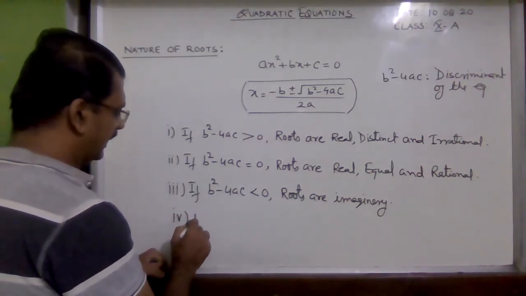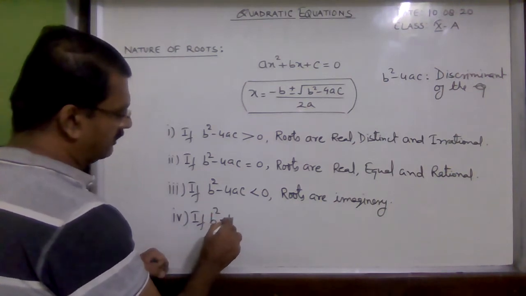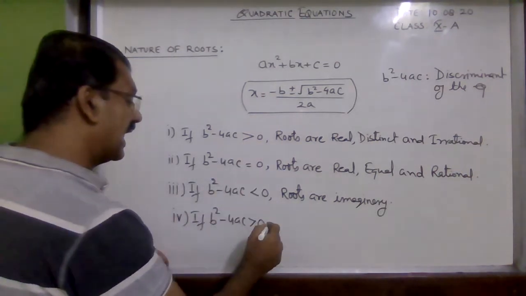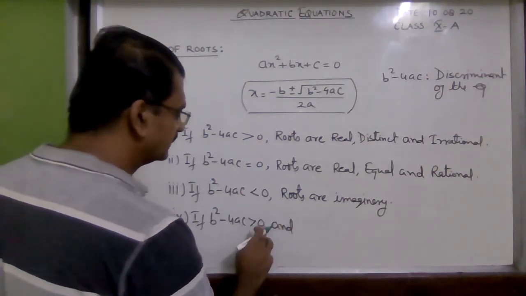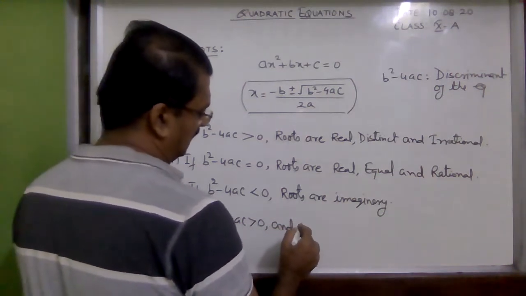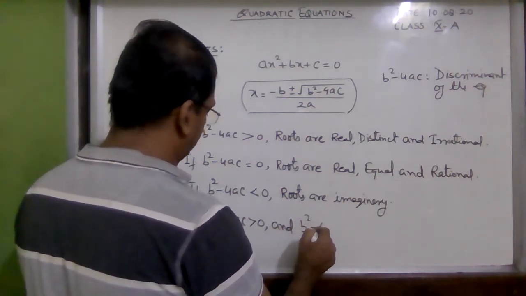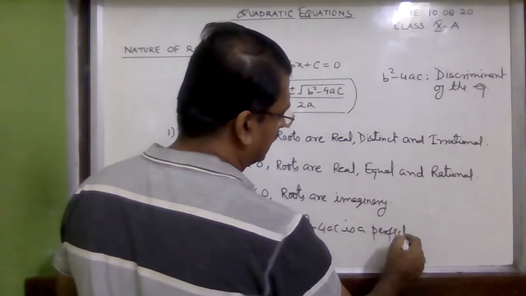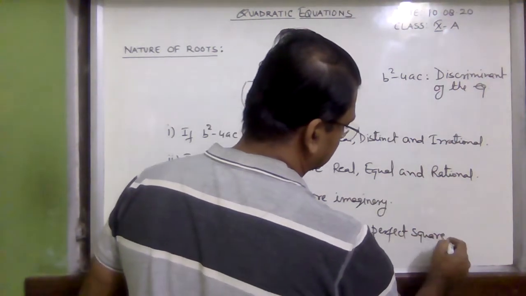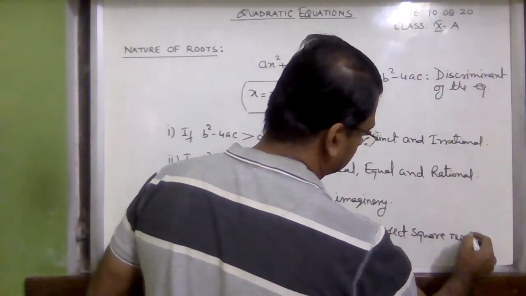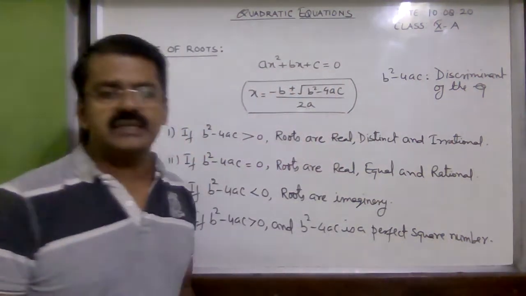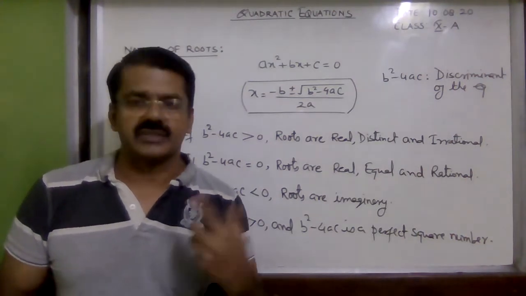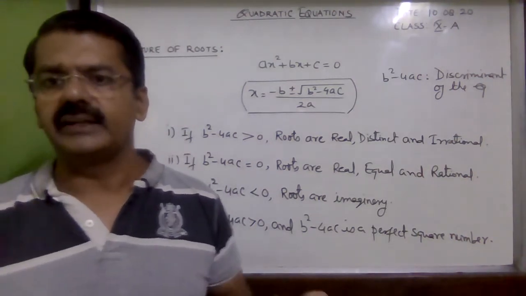And the fourth one, if b square minus 4ac is greater than 0, same as the first one, and b square minus 4ac is a perfect square number, like 36 or 49 or 64 or 81.